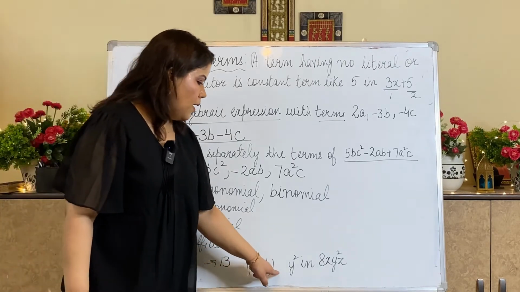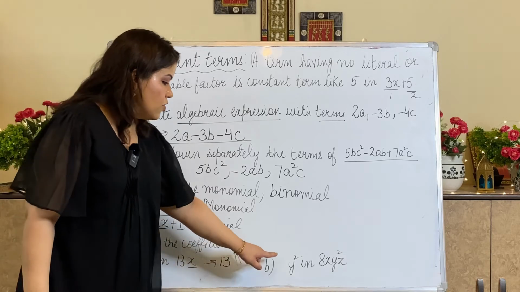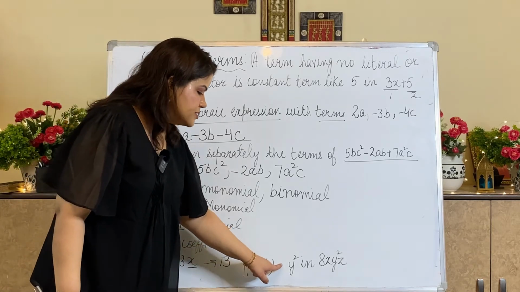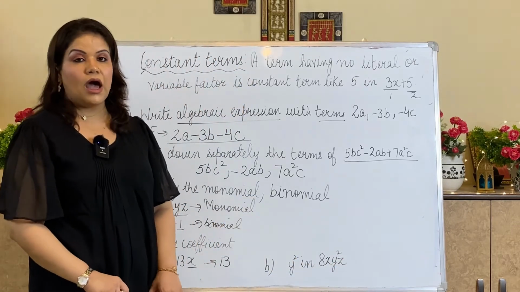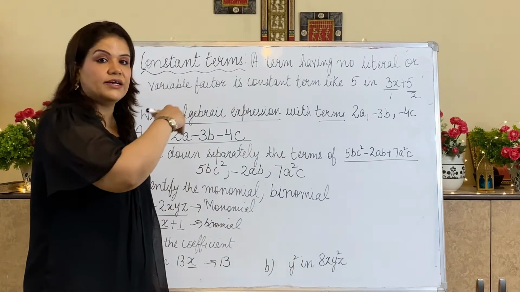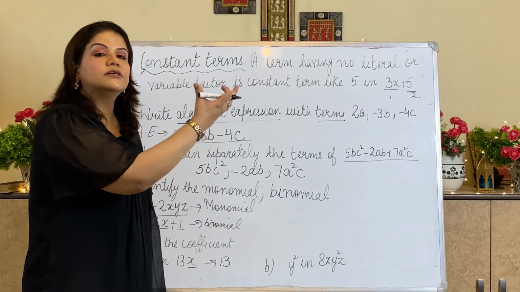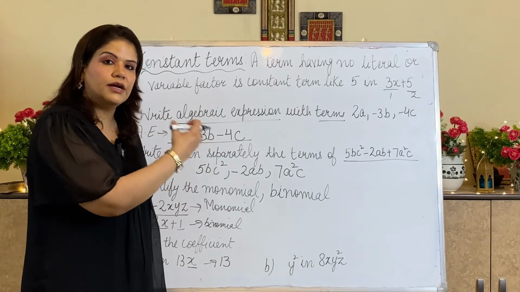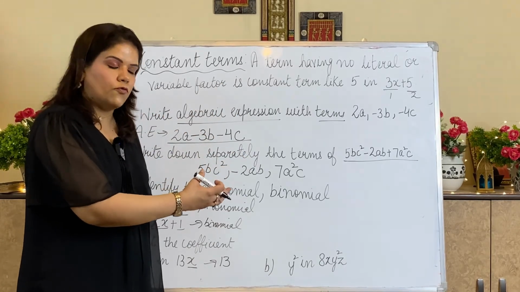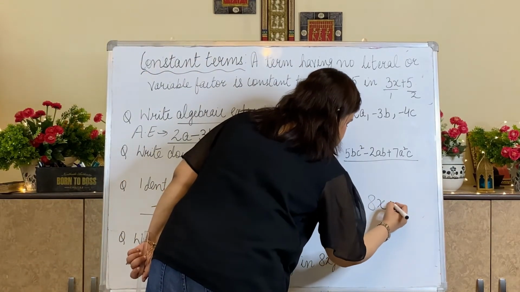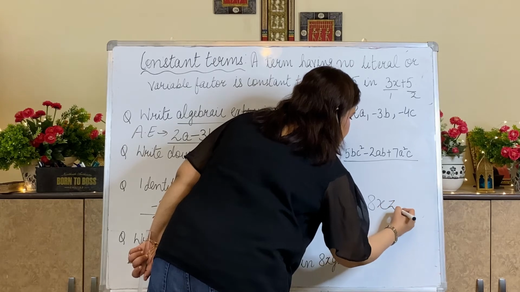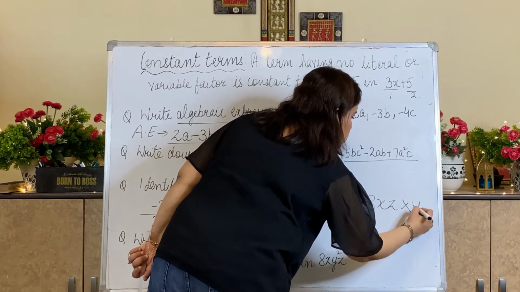My second part is asking me the coefficient of y square in 8xy square z. I need to separate y square and find the term which is multiplying with it to find its coefficient. Now how will I do it? I am writing 8xz into y square.